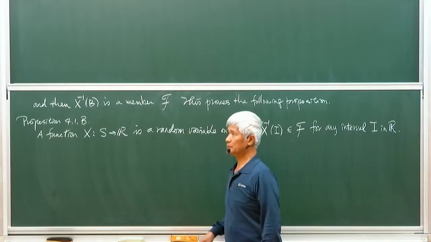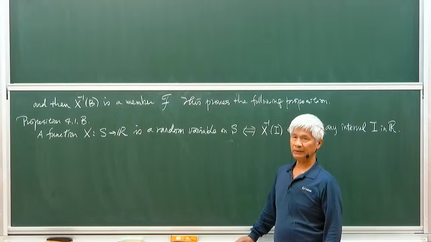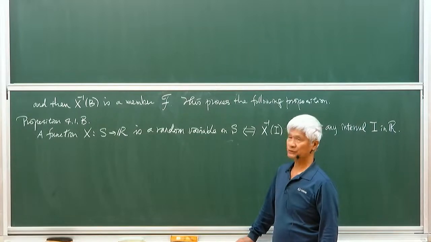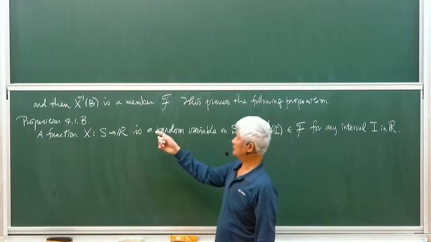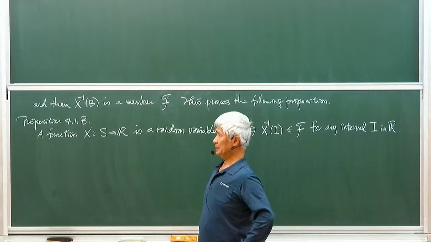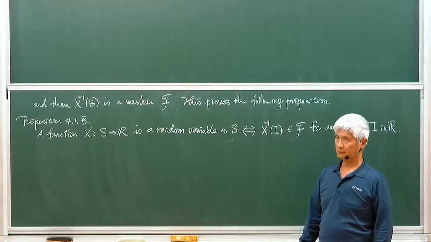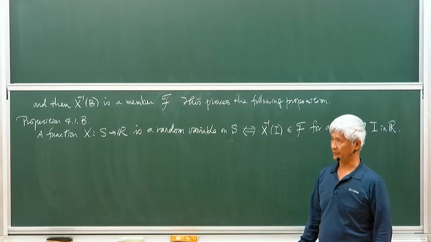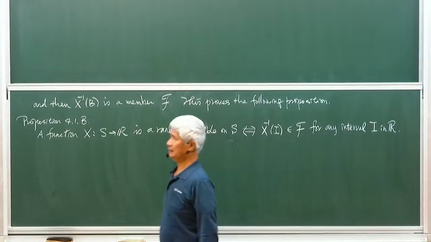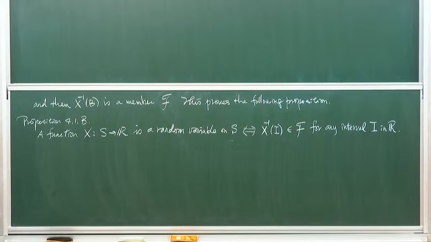And as you know, random variables play a central role in the study of probability theory. So at the beginning, you have to know the characteristics of a random variable, the exact meaning of a random variable. It is indeed a real valued function on the sample space, together with an additional property.